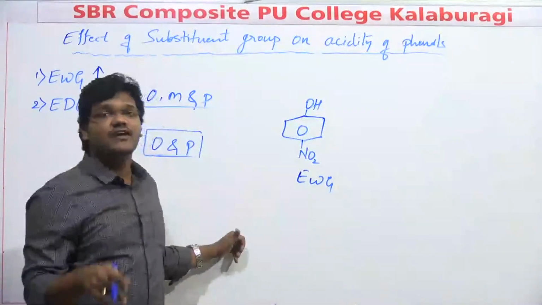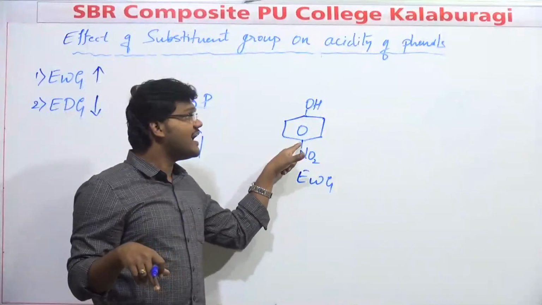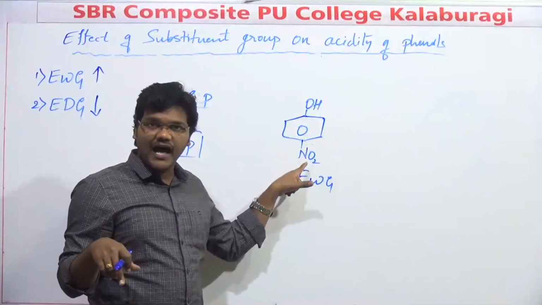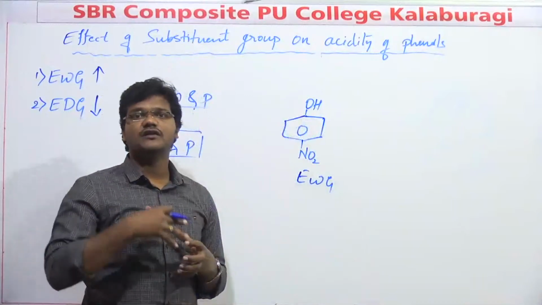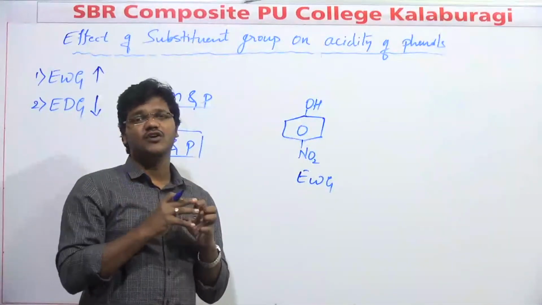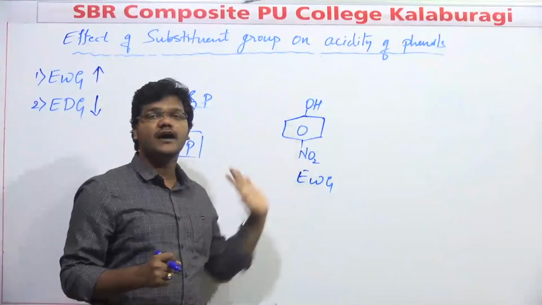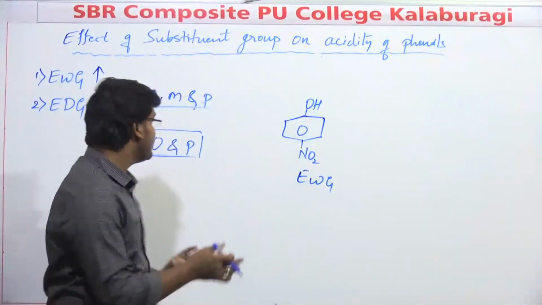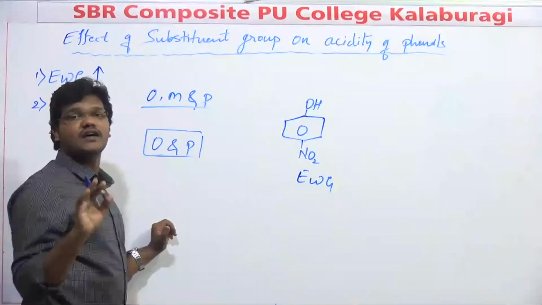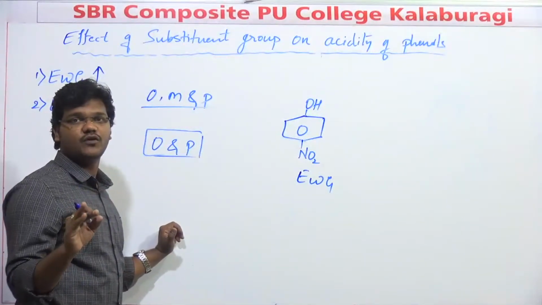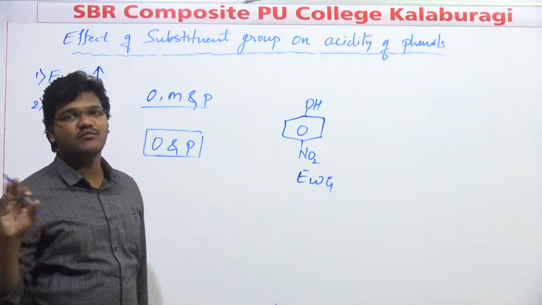So that is why if the nitro group is present at ortho or at para, there will be a stronger effect of resonance. The positive resonance effect will be very strong over here at ortho and para. So ortho and para nitrophenols are more acidic compared to meta, because the effect will be more.